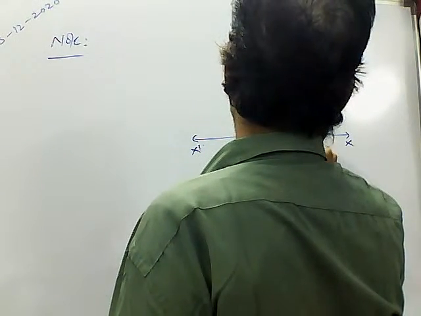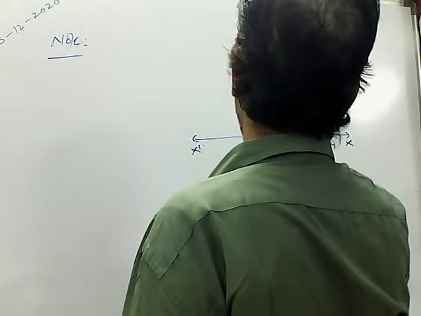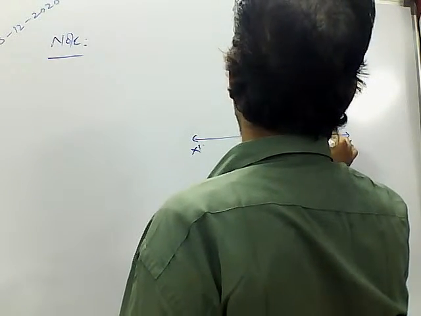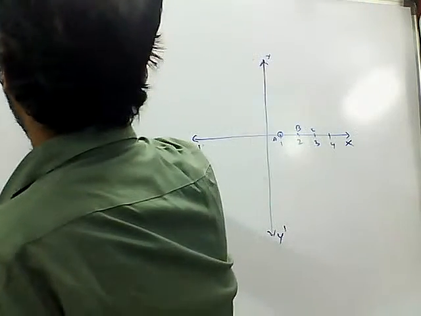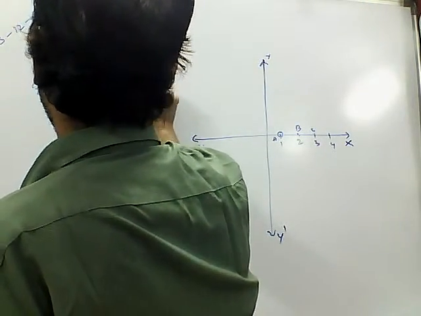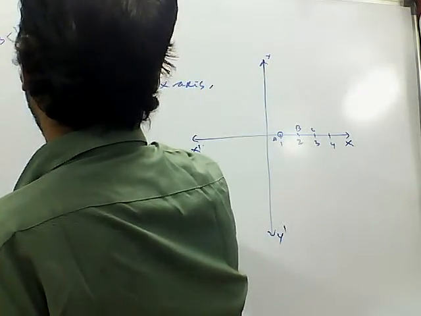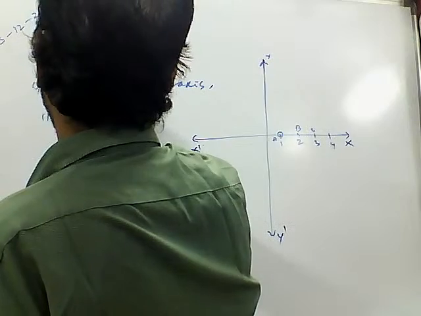Suppose here 1, 2, 3, 4, 5. So what is the position of the point? A, B, C. If the point lies on the x-axis, its y-coordinate is 0.